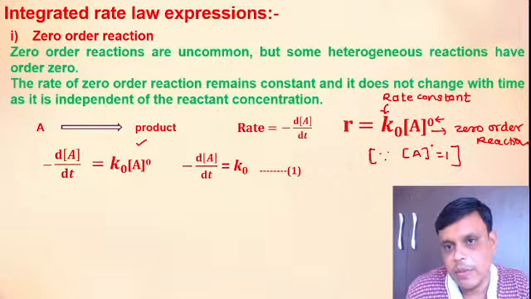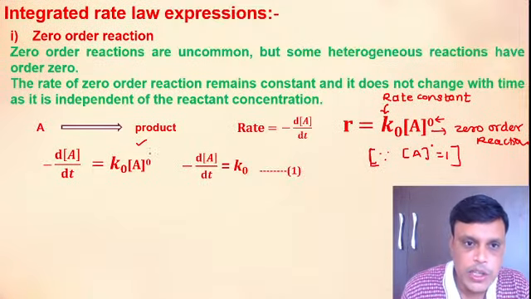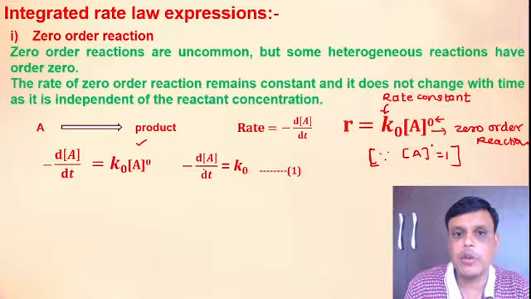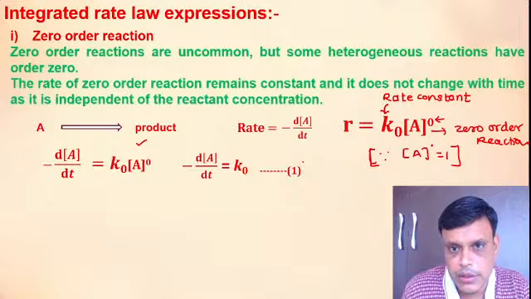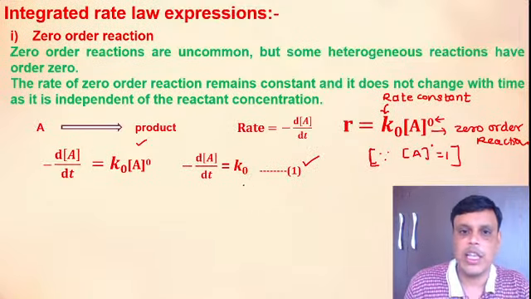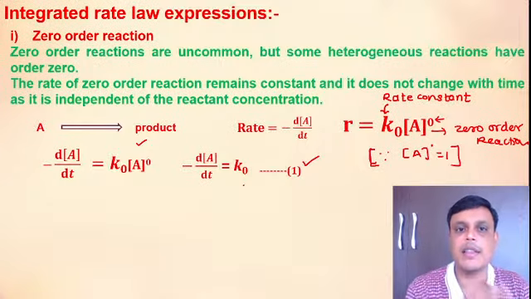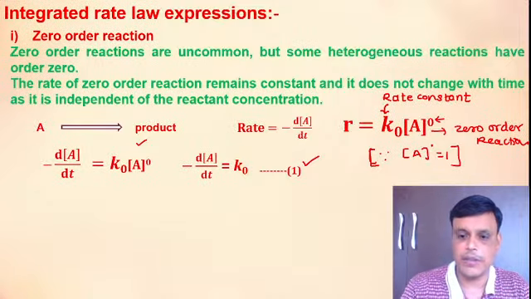So [A]^0 will become 1, and 1 into K0 will become K0. Give the name equation 1 to this. So this is our equation 1: minus d[A] by dt is equal to K0, because [A]^0 is equal to 1.